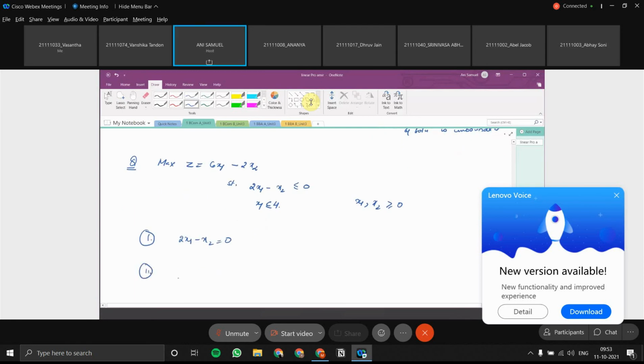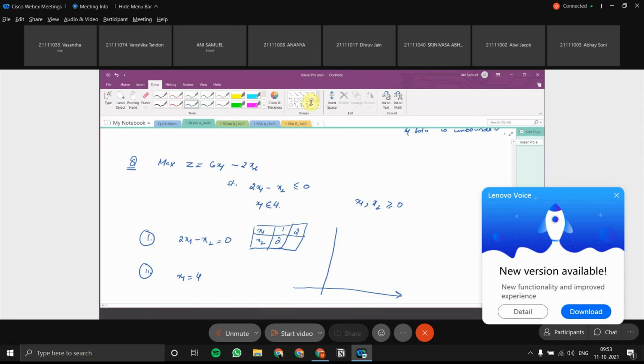Okay, the lines are fairly easy. What are the plot points? x1 and x2. 1, 2 and 2, 4. Ma'am, 0, 0 also.